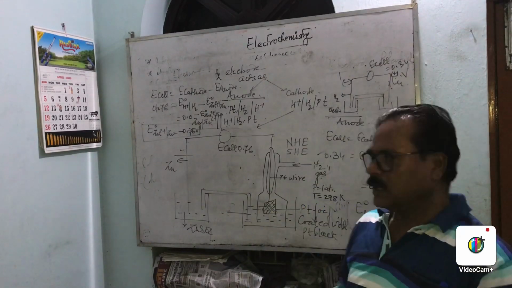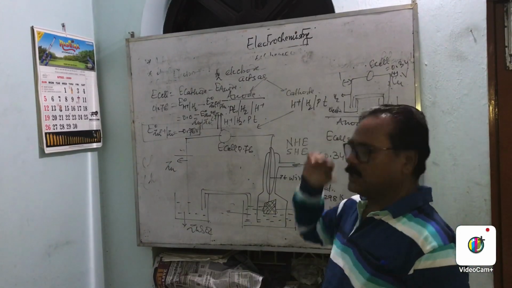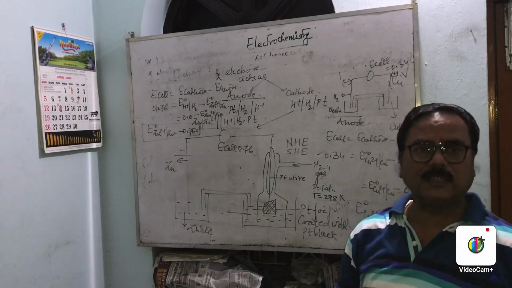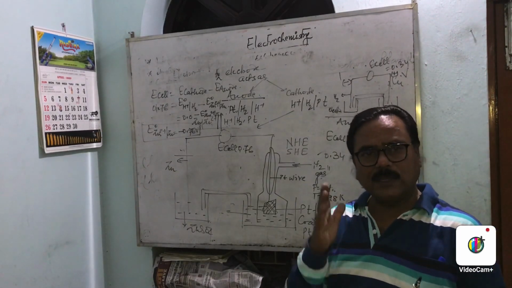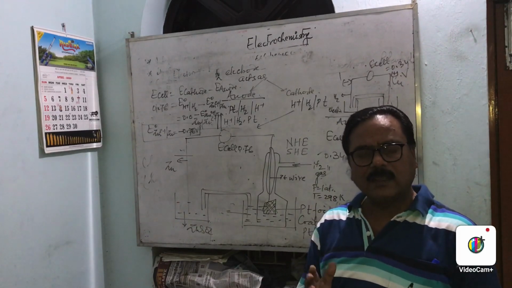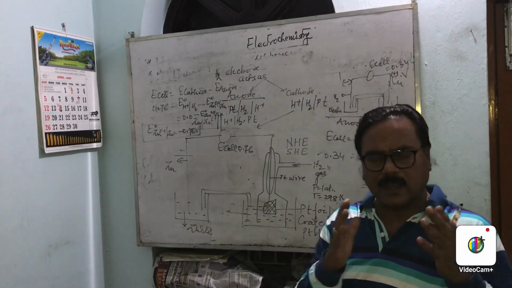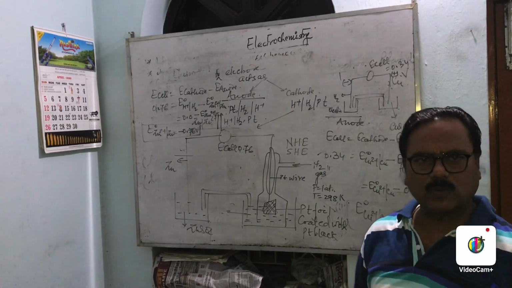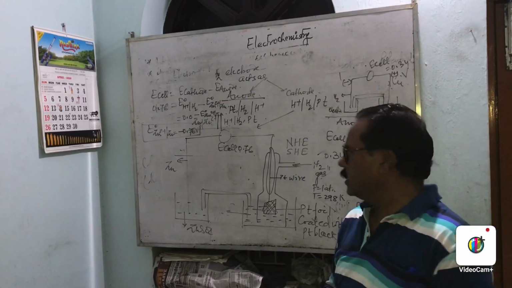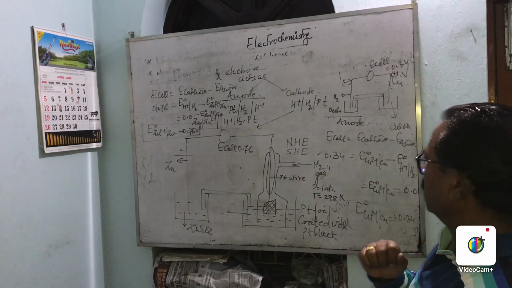So this is the EMF of the cell, and it is calculated, and we have three conditions: when the external potential applied on that cell is greater than the cell potential, less than, and equal to 0. These three conditions are given in your book with figure. You can clearly see this figure there.